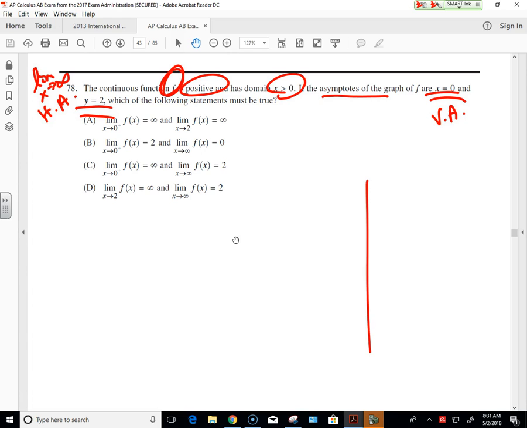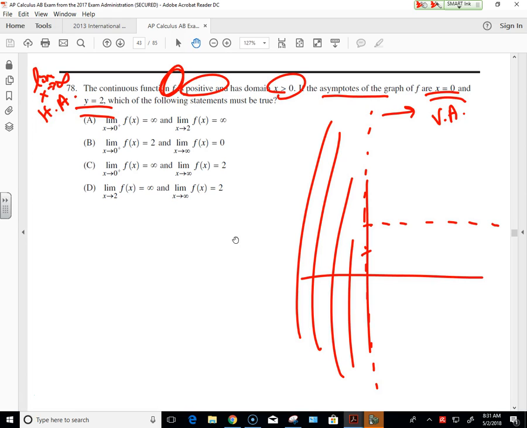I would think about y equals 2, and then 0. I know the graph always has to be positive, which means f cannot go down, right? And I'm only looking at this part of the graph because x is greater than 0. Don't I have to be going into the asymptote going up?